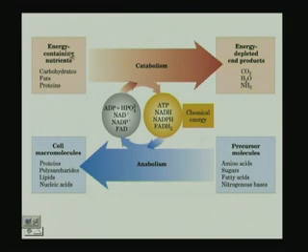We have energy containing nutrients that we take in our diet: carbohydrates, fats and proteins. In catabolism, that is in the breakdown of these units, we have energy depleted end products that are finally carbon dioxide, water and ammonia.